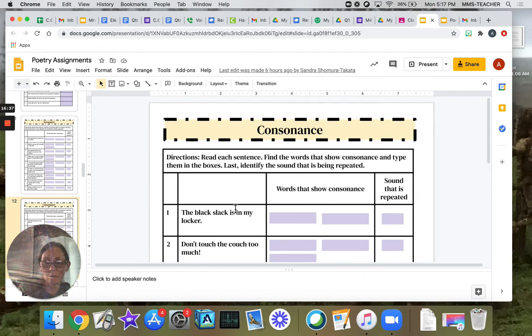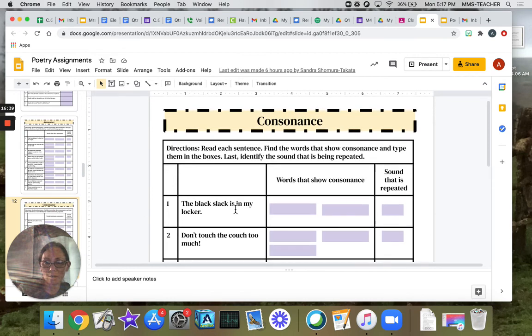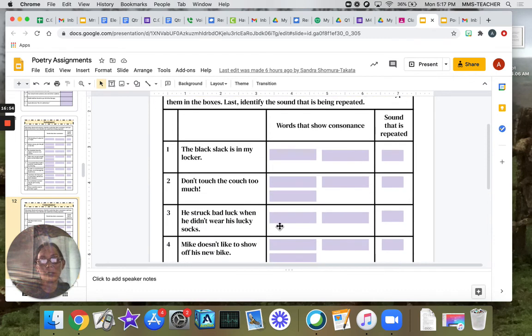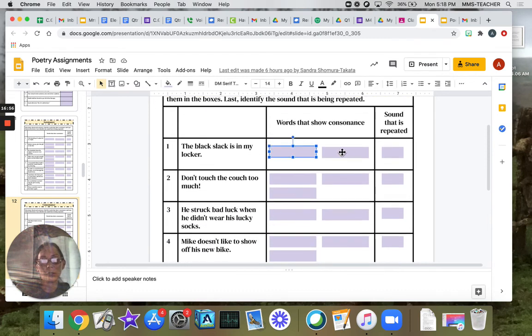Okay, slide 12 is consonance. Read each sentence, find the words that show consonance, and type them in the boxes. Last, identify the sound that is repeated. It's pretty similar to slide number 11 for assonance in that there are clues that show how many words you're looking for.